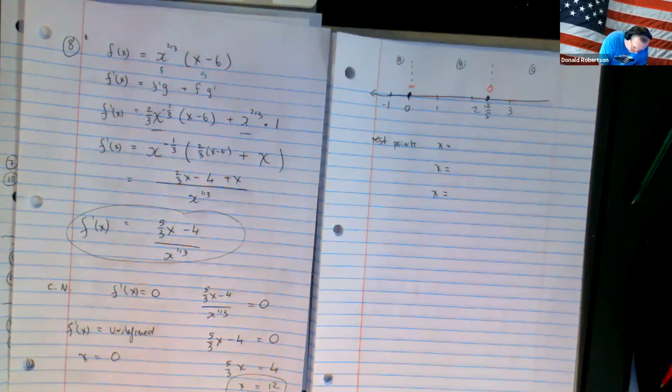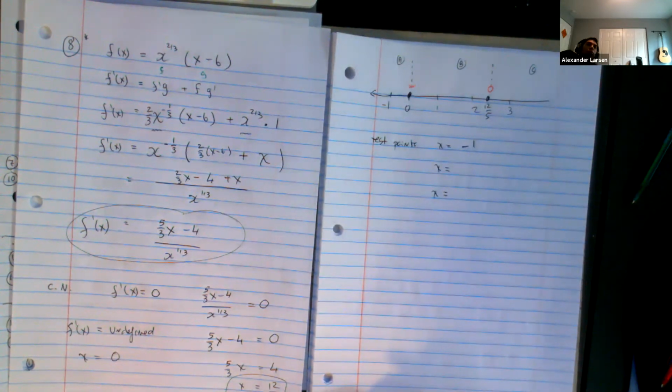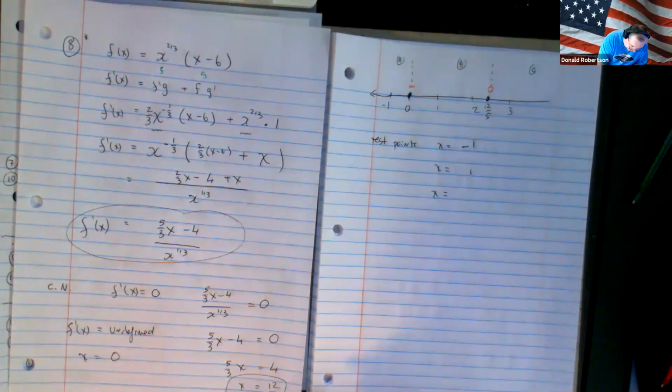Yeah. How about region B? One, or 2 if you like. And I'm picking 3. Right?